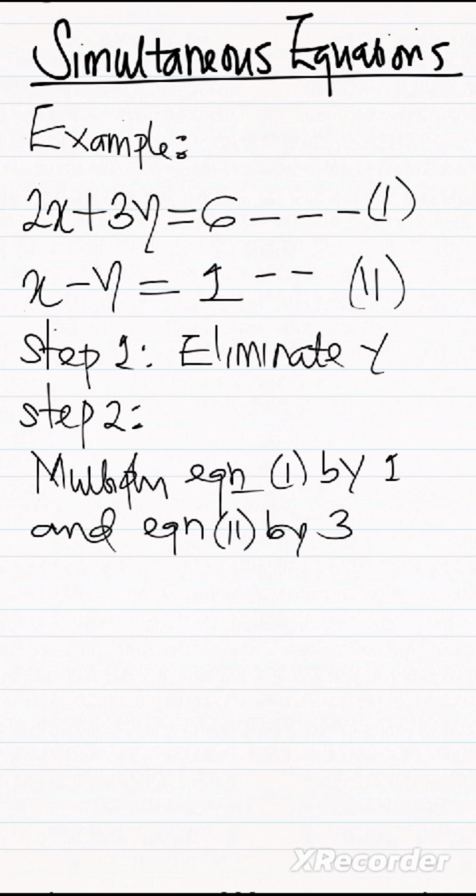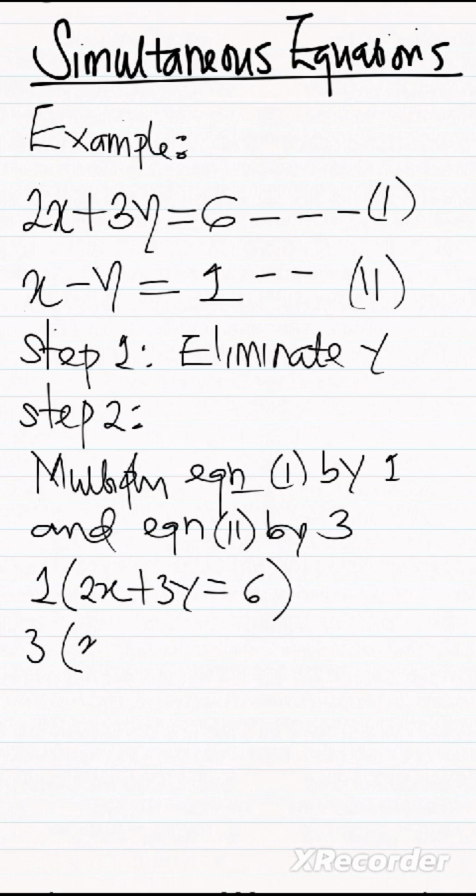So we'll have 1 from equation 2 multiplying equation 1, which is 2x plus 3y equals 6, and we would have 3 from equation 1 multiplying equation 2, which is x minus y equals 1.